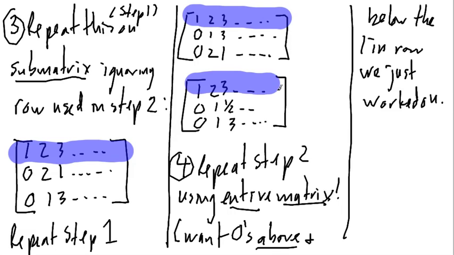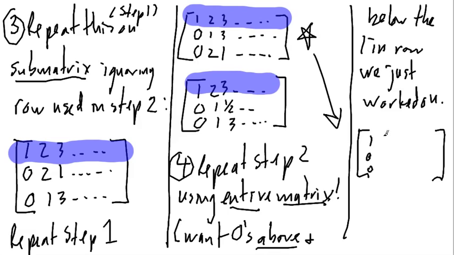So for example, let's work with this one right here. I would want to get rid of the 2 up here. So I would take -2 times the second row and add it up here, which would give me 1, 0, -3. The second row I would leave alone.